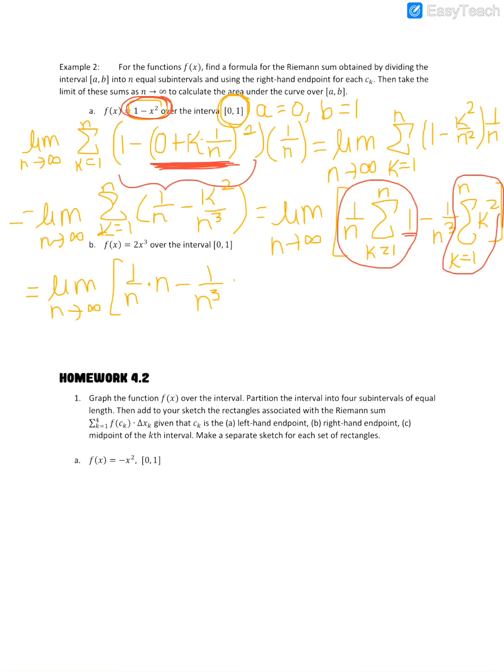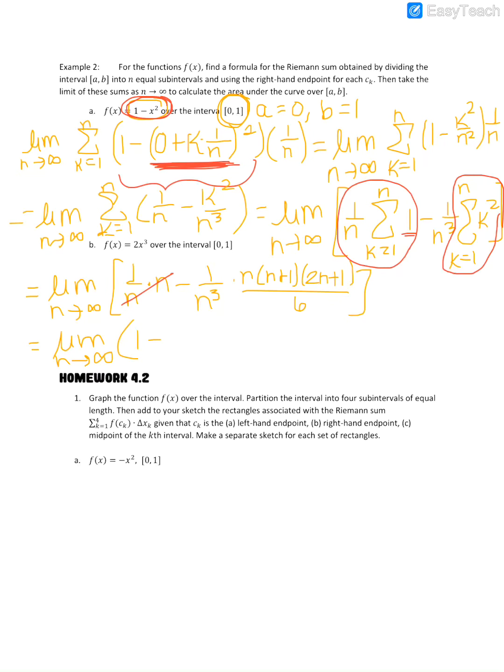So this would be n times (n plus 1) times (2n plus 1), all over 6. All right, we're doing good. Okay, so remember on this first one, the n's are going to cancel. So limit as n goes to infinity of 1 minus.